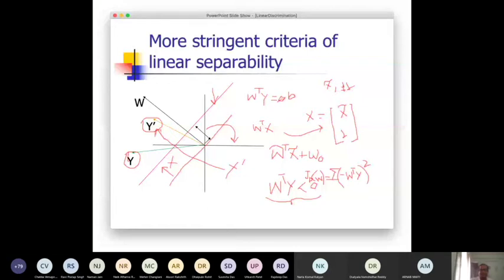Say this function I can write as, say, F(y) equals W transpose Y minus B. Is it clear? This function I can write like this.